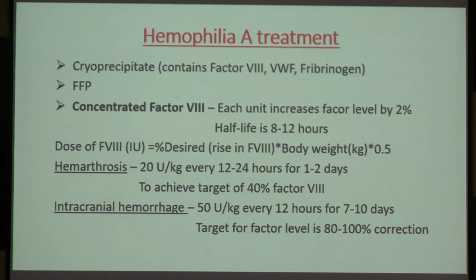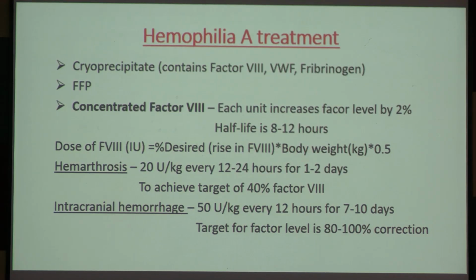So, 80 to 100% correction is needed. So, the dose will be 50 unit per kg every 12 hours for 7 to 10 days. So, depending on severity and location of bleeding, the dose of concentrated factor 8 will be changed.